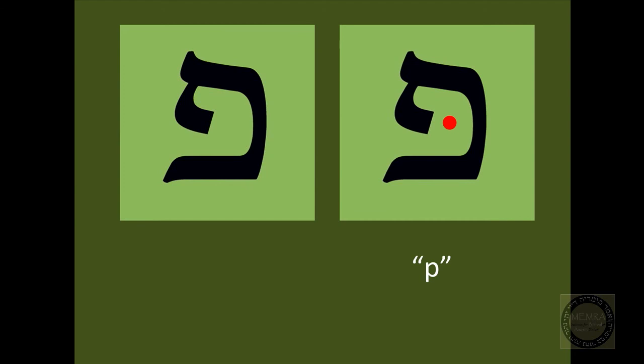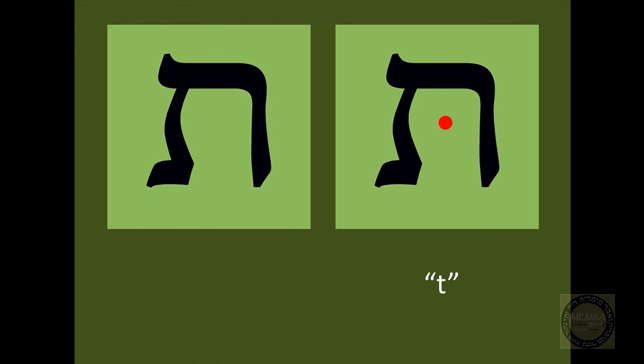This one has a difference. We have p with a dot in pe, and without it we have the f or ph sound, f. So that one matters. We have t for tav with a dot, and without it, we have t. It could also be the th sound.